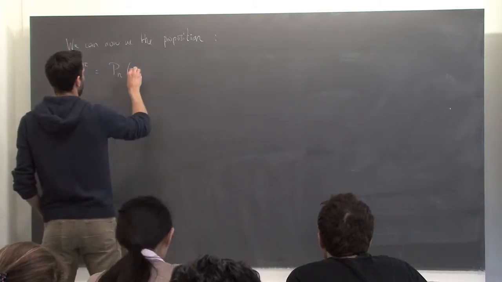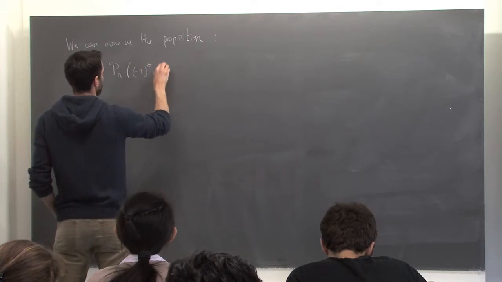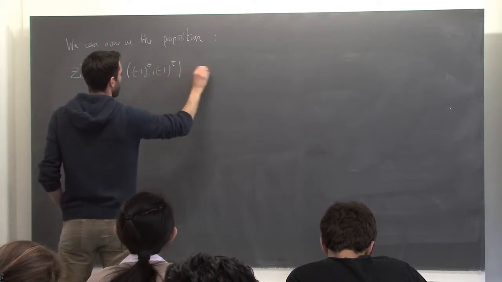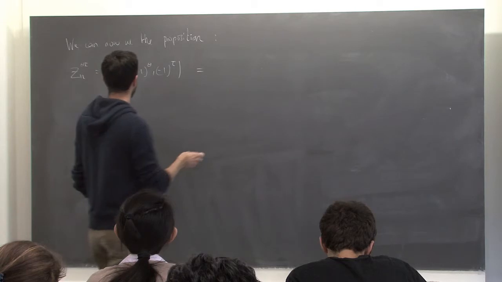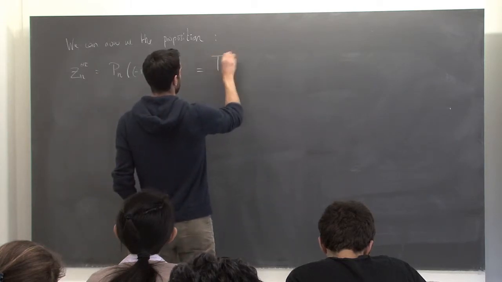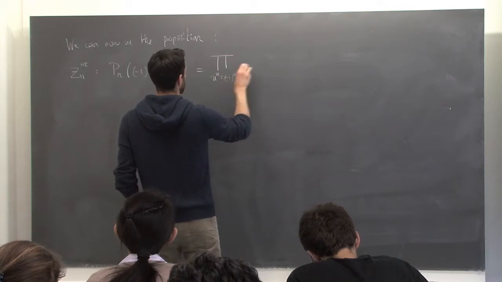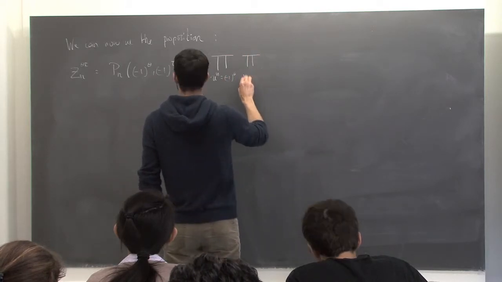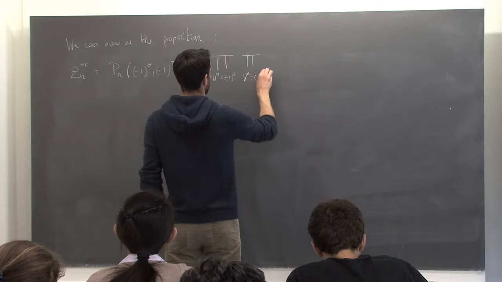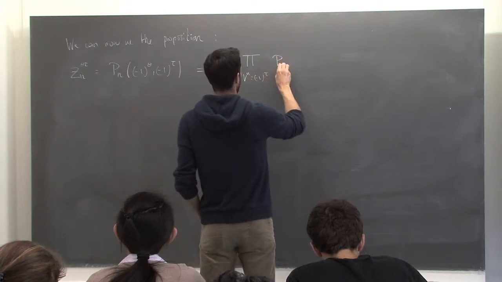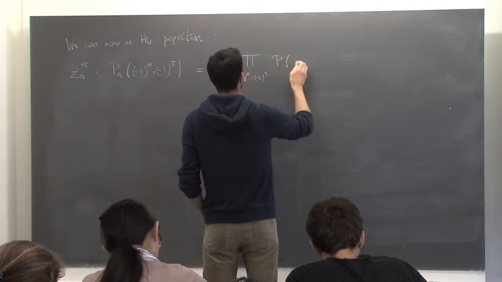It's Pn of (-1)^theta, (-1)^tau. And we know by this proposition that it's the double product over Un equals (-1)^theta, product over Vn equals (-1)^tau, of P1, which I write P, of (U,V).